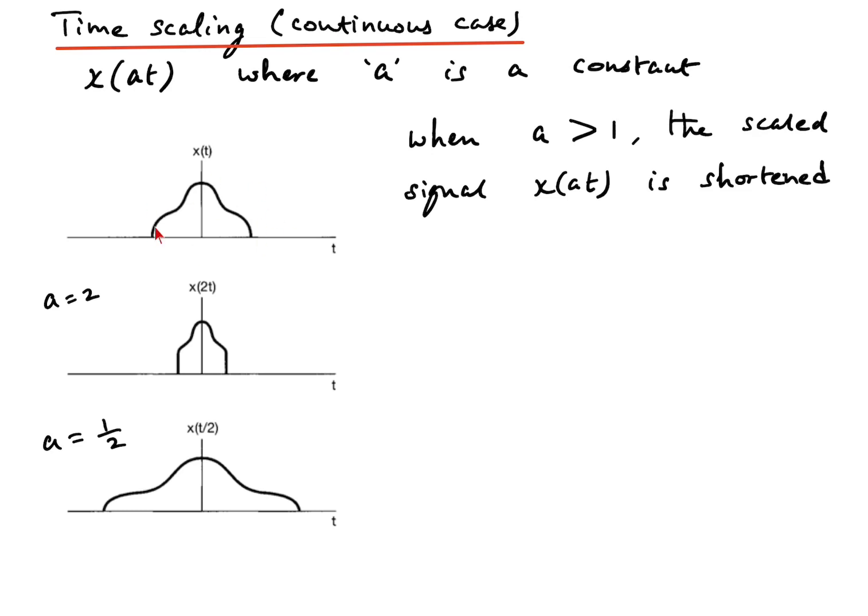On the time axis, let's say this has an original duration of 10 seconds. Now in this case, from the start to the end, it will become 5 seconds, because you have played it at twice the speed.